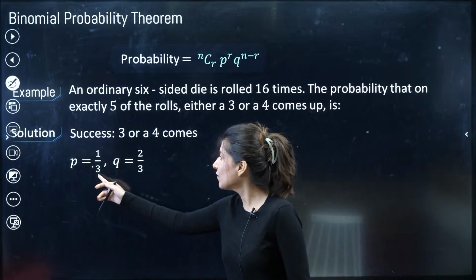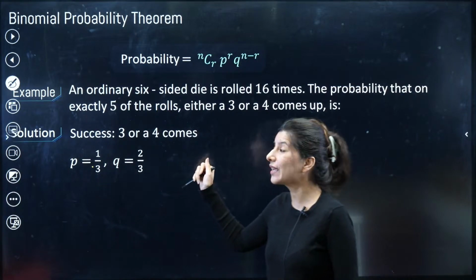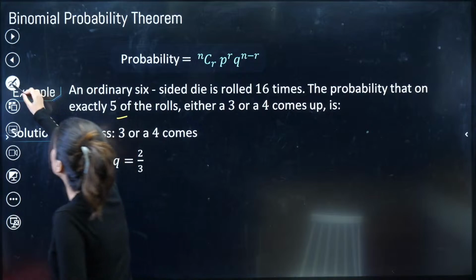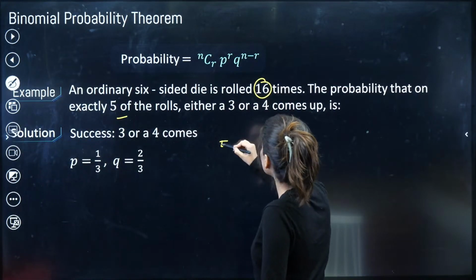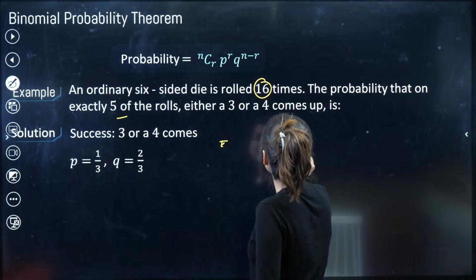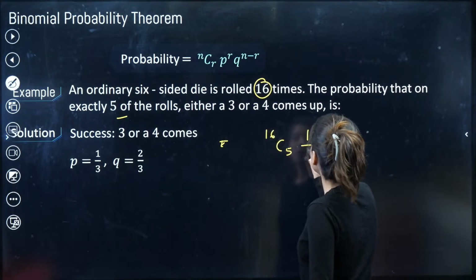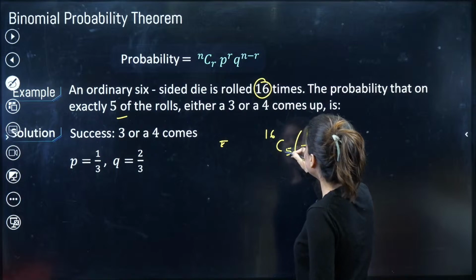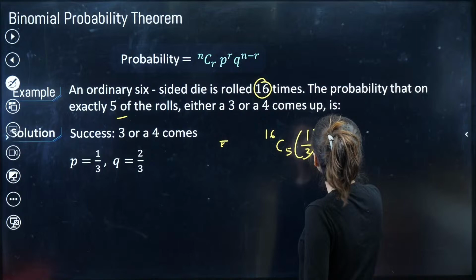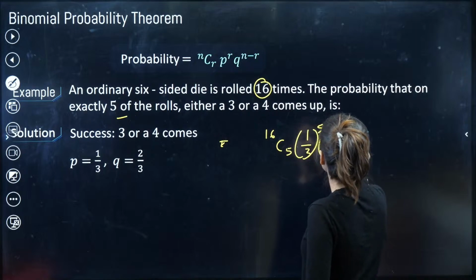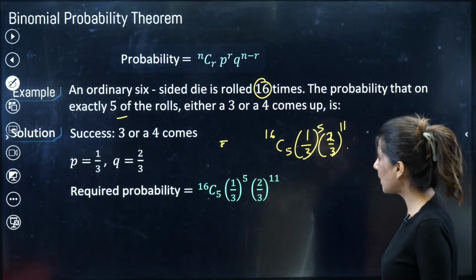Now we are looking for exactly 5 times, out of 16 overall. So 16C5, with 5 successes, 1 by 3 raised to power 5, and failures 16 minus 5, so 2 by 3 raised to power 11. This is your final answer, the required probability.